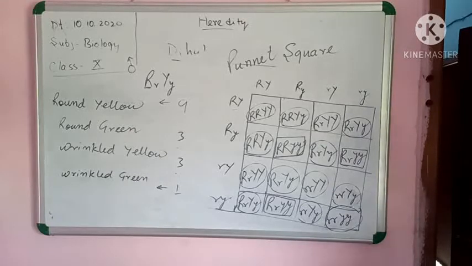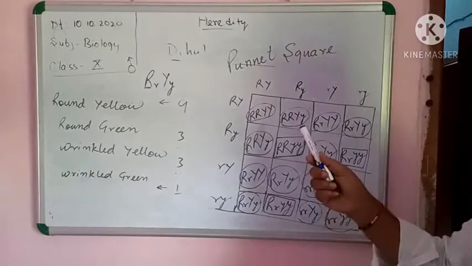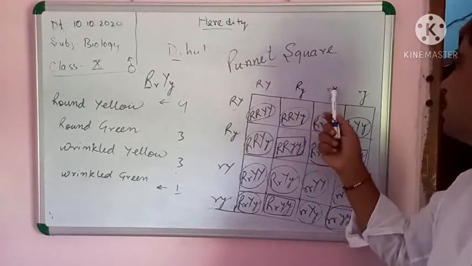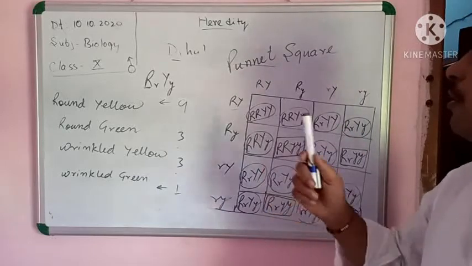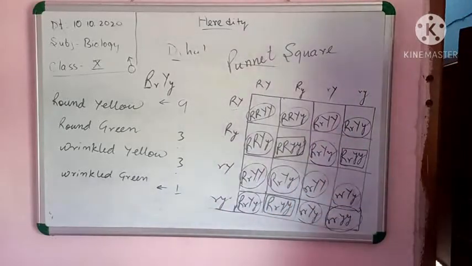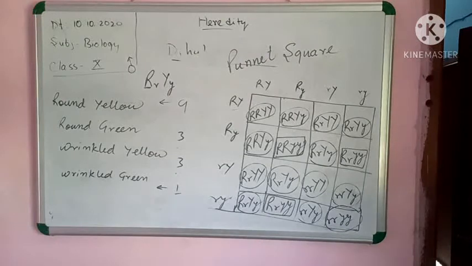He interpreted that there are a pair of unit factors controlling each character in P plant. One pair of character you are seeing here. This is the pair of character. Okay. So one it received from male and one it received from female.